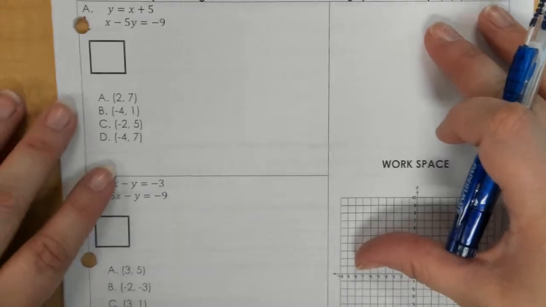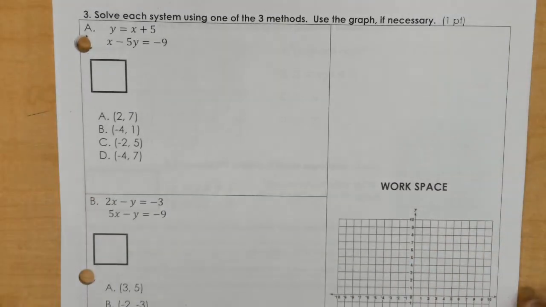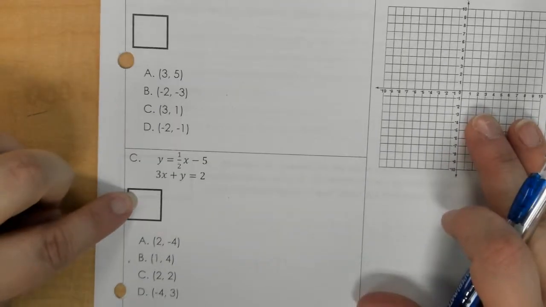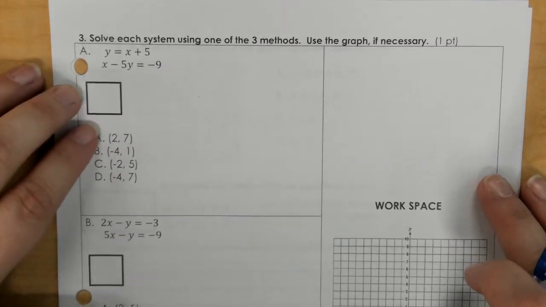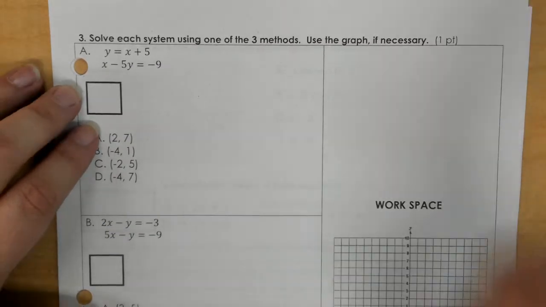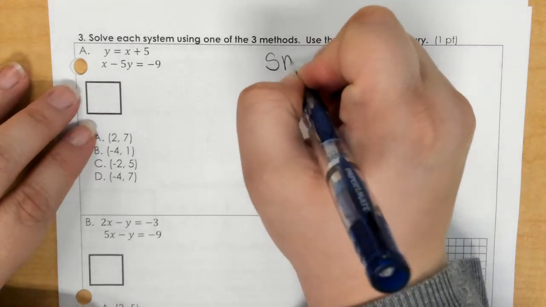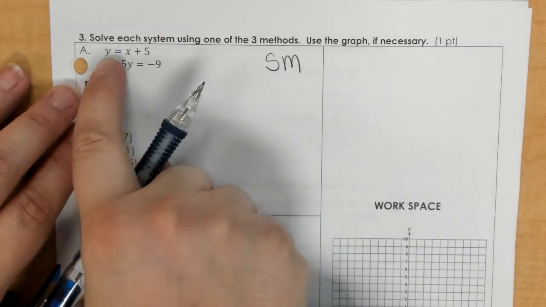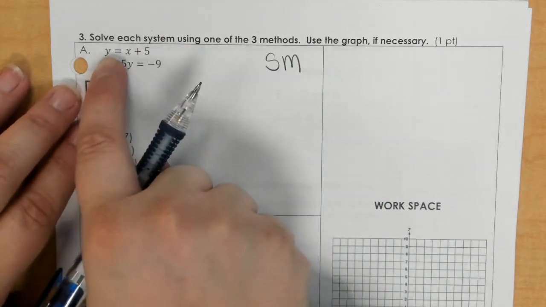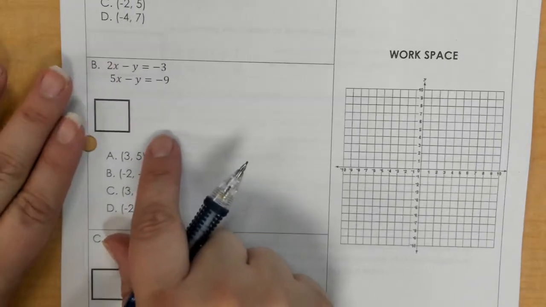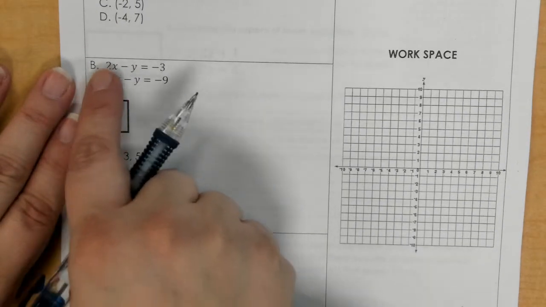For number 3, this one you have to decide what method you want to use for A, B, and C, and then you have to solve using that method. So for letter A, I would use substitution method because I have the y already by itself. In B, I would use the elimination method because my x's and my y's are already lined up.